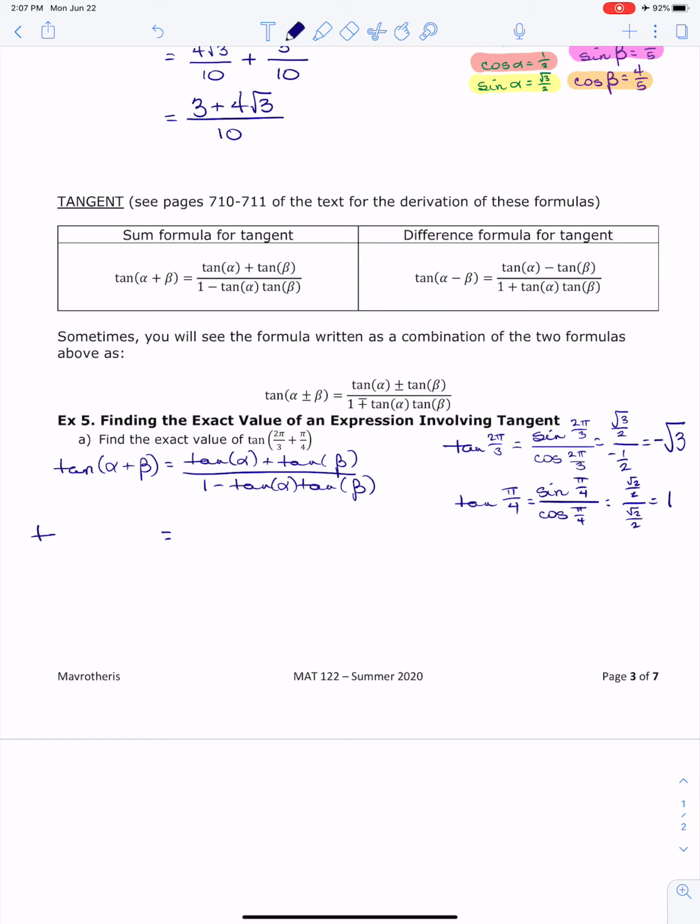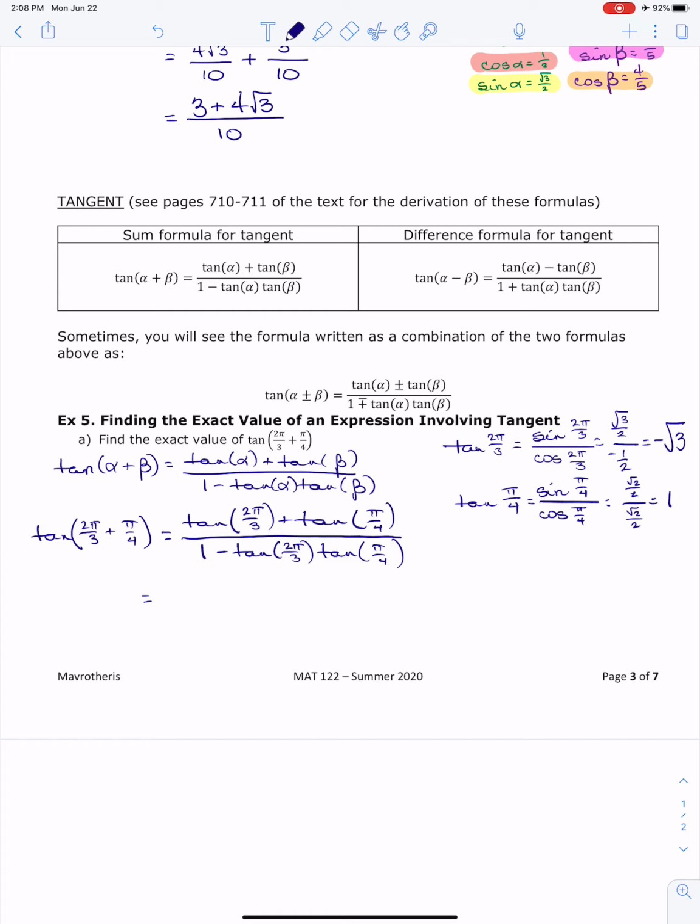Now let's rewrite it in terms of the angles. I got tangent of 2 pi over 3 plus pi over 4. I need the tangent of 2 pi over 3 plus the tangent of pi over 4, divided by 1 minus the tangent of 2 pi over 3 times the tangent of pi over 4.